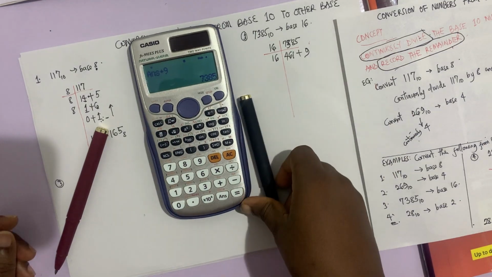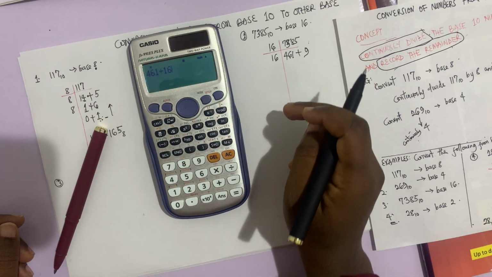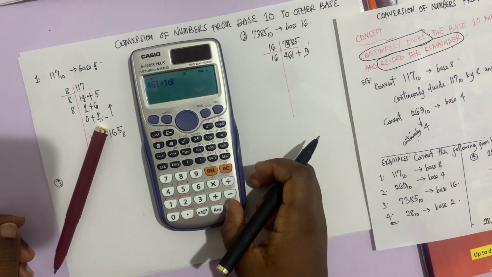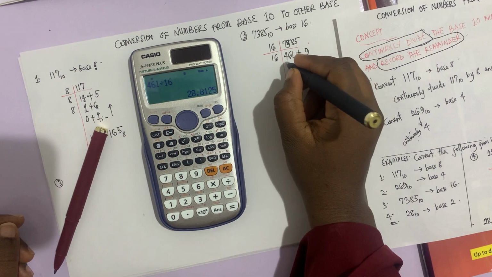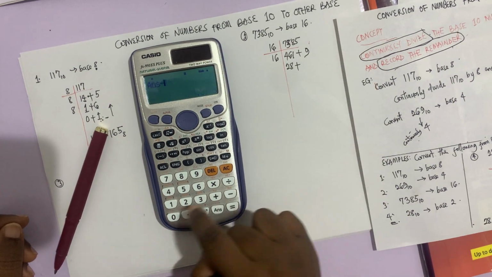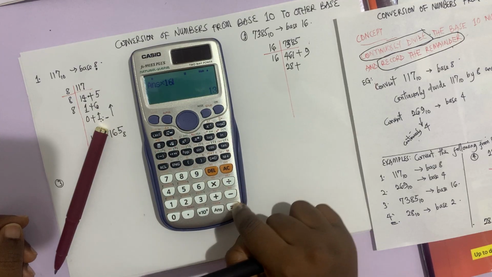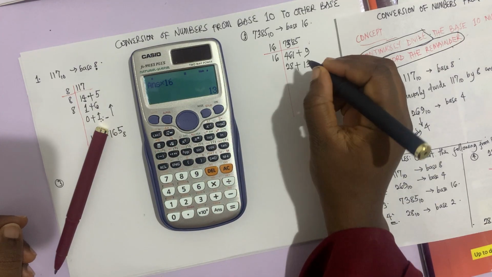We divide by 16 again, so 461 divided by 16 would give us whole number 28. To get the remainder, multiply the decimal part, which is 0.815, by the base 16, and that will give us 13.